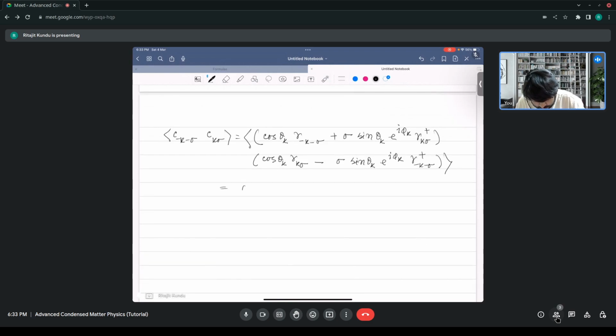You will see we get something like σ sin θk cos θk e^{iφk}. If you put back the function in place of f of k, you get a simpler expression.